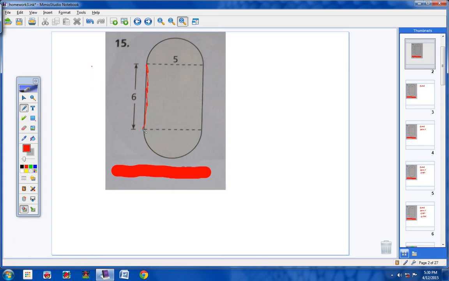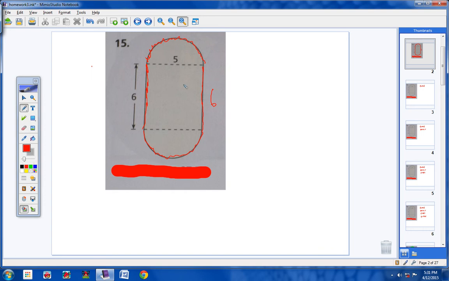That's obvious, 6 and 6. But then you have to know the length of this arc, or semicircle, and then the length of this other semicircle, and then add all these numbers together.